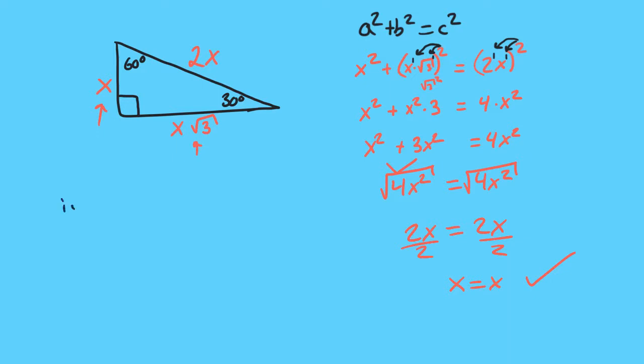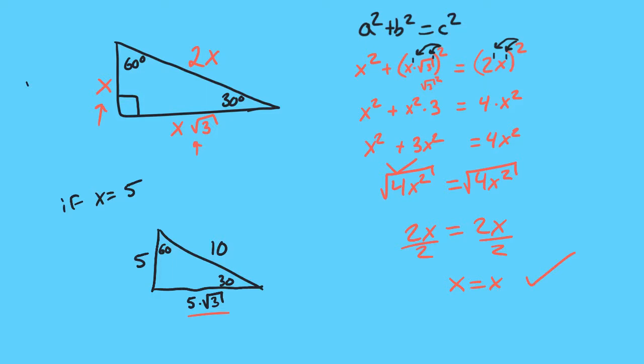Let's say x was equal to, let's say, 5. Well, we'll be looking at some 30, 60, 90 triangle where this side length is 5, this side length is 5 times the square root of 3, and this side length is 10. Let's go ahead and check it out and see if that will work. I'm going to leave it in radical form, so that way I don't have to worry about any decimals. I can do all this mentally.